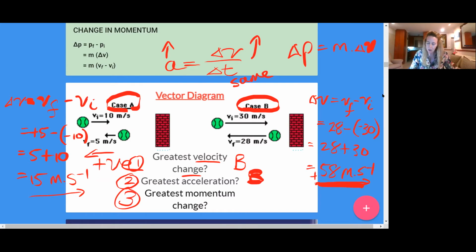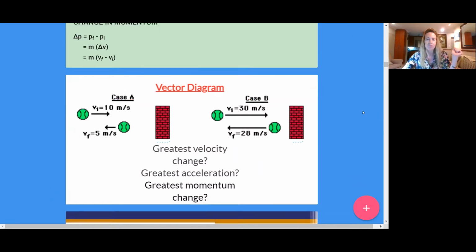The mass of the ball does not change in these two cases, even before and after collision. But the velocity change, so the greater velocity change, would yield the greater change in momentum. Again, that would be case B, because in case B, you had the greatest change in velocity.